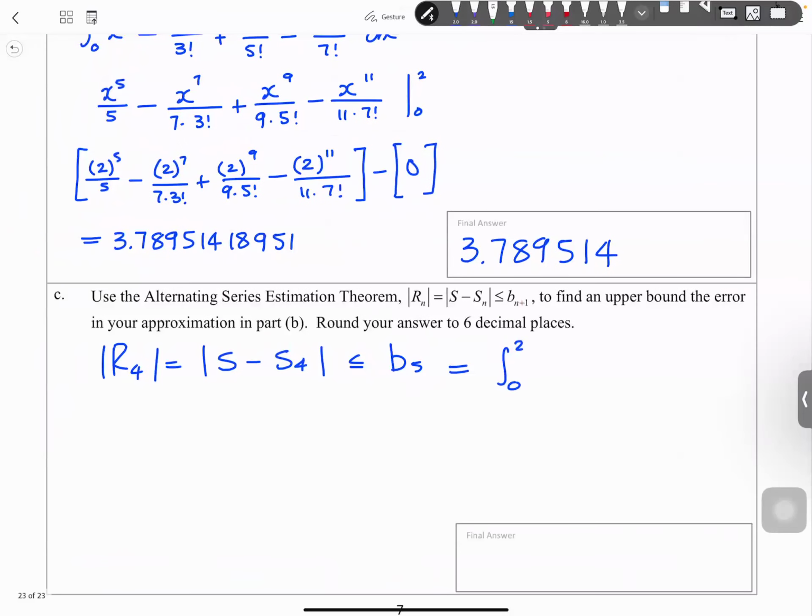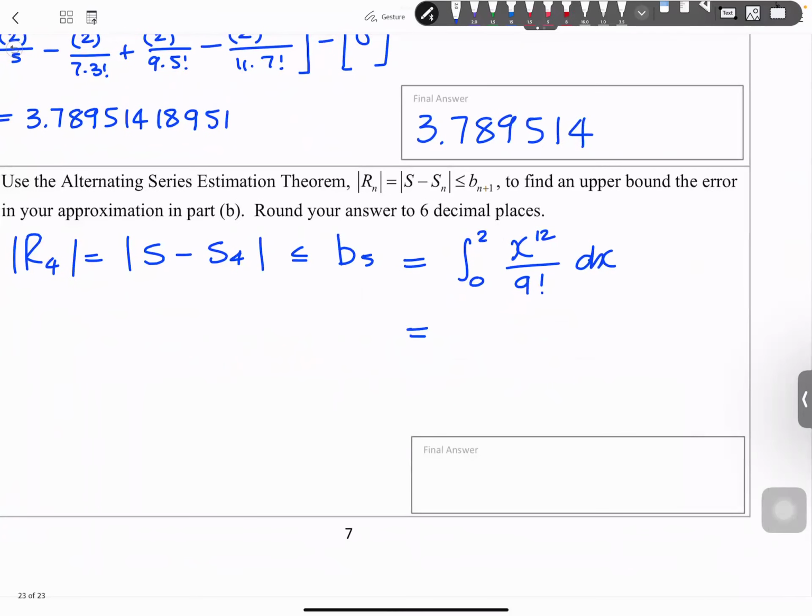There it is. There's the 5th term. Just integrate that, right? So that is x to the power 12 divided by 9 factorial. All right. So this is equal to x to the power 13 over 13 times 9 factorial, evaluated from 0 to 2. So that would be 2 raised to the power 13 over 13 times 9 factorial.